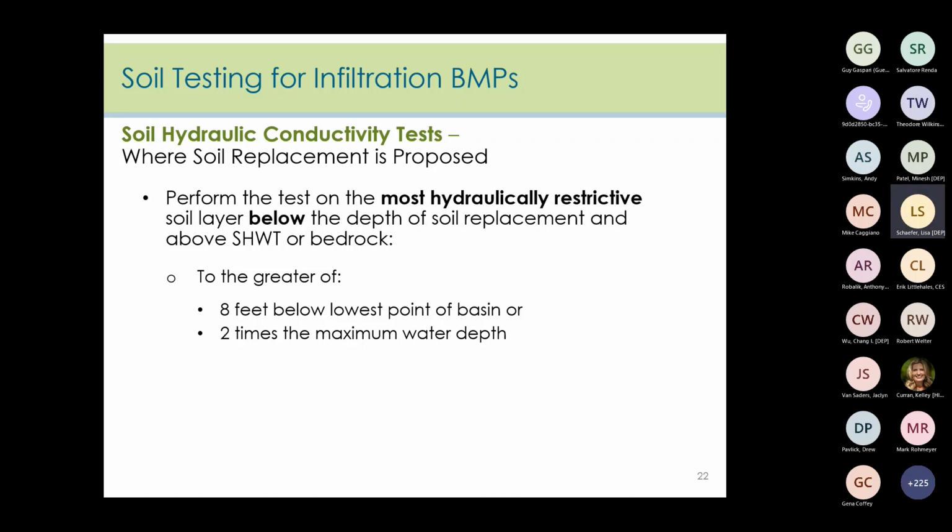So please note that the depth requirement of whichever is greater, that is 8 feet or twice the maximum water depth, is measured from the lowest point of the basin bottom or from the bottom of the soil replacement.